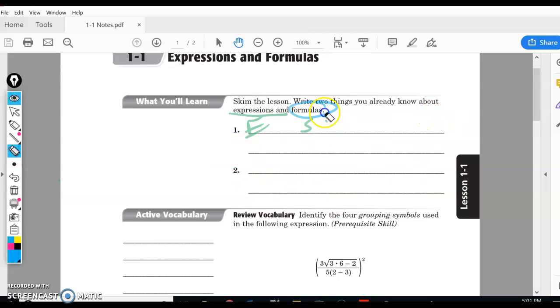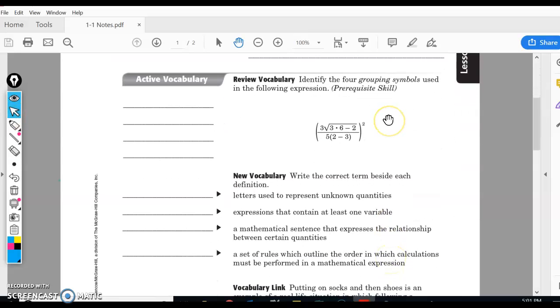Reviewing a little bit of vocabulary before we get to examples. Look at this expression and think about four grouping symbols you see. There is the radical sign, which is the square root sign.